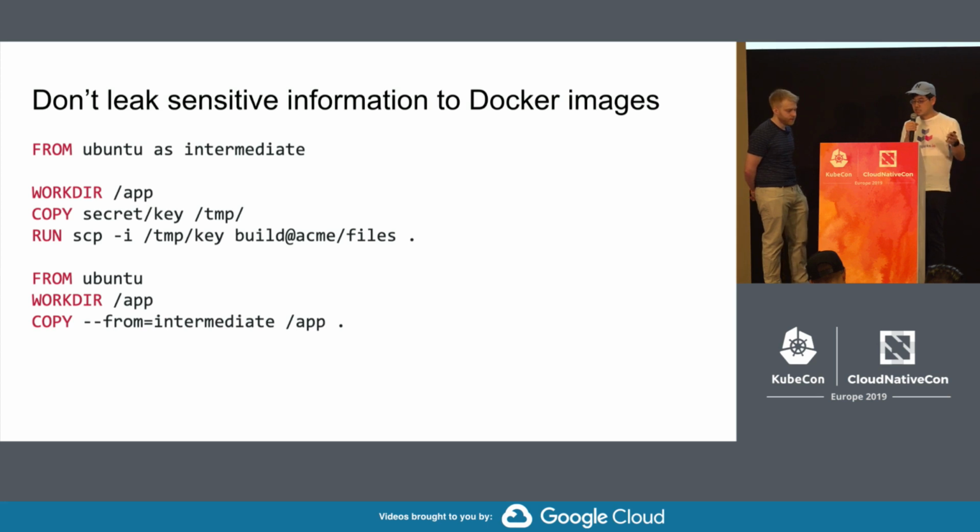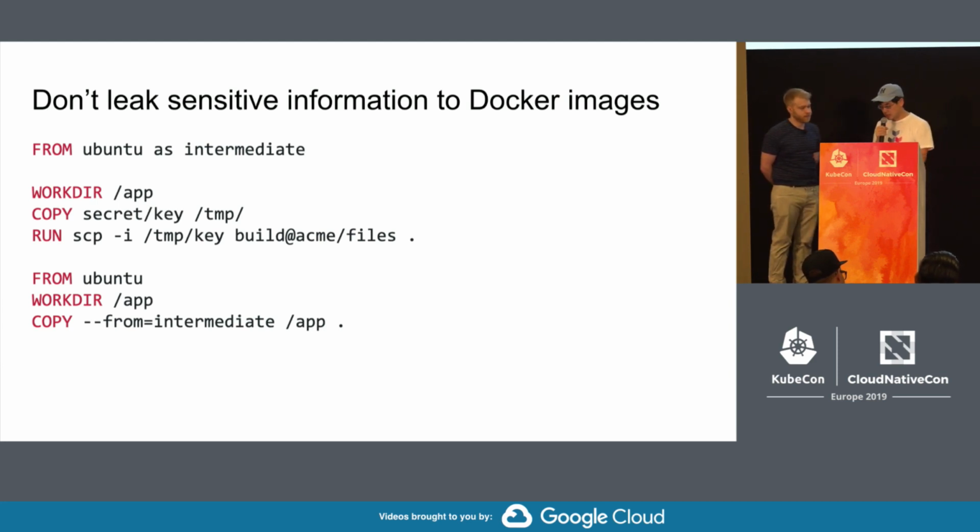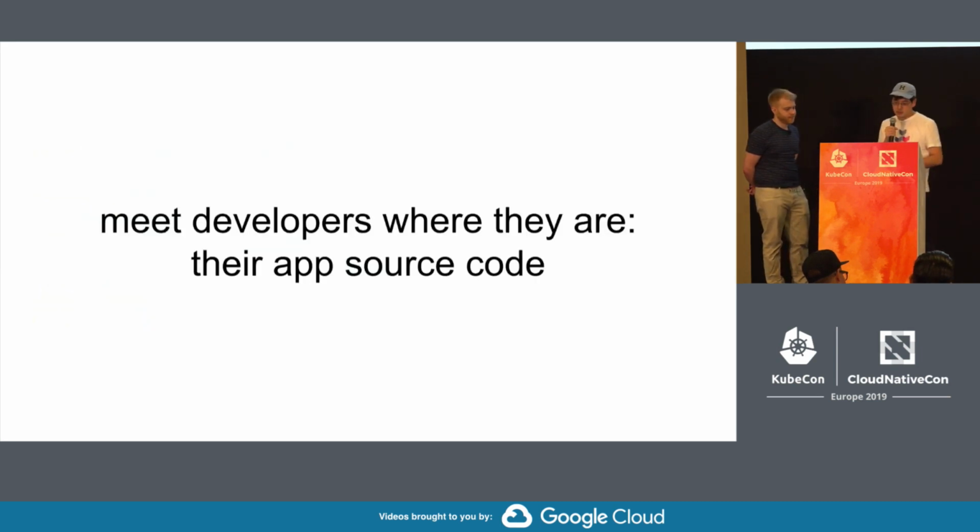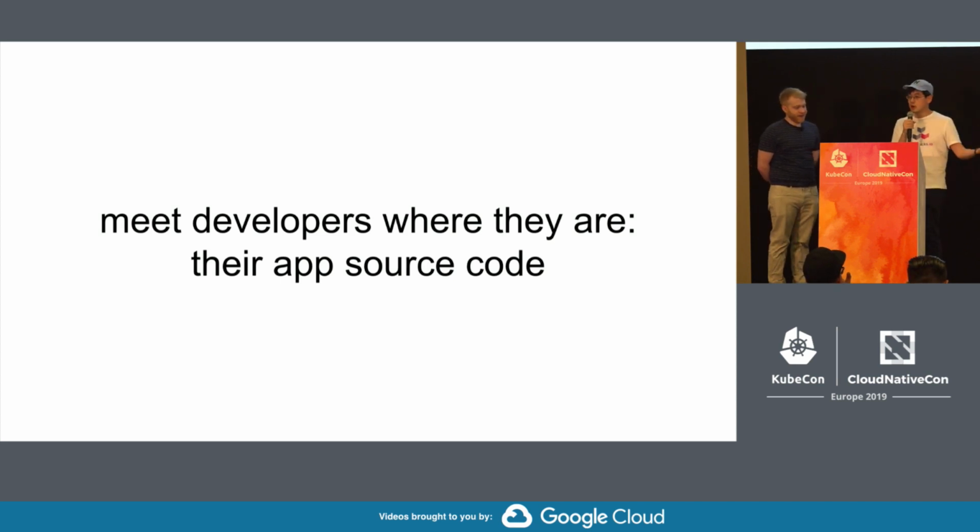I think multi-stage builds are a great use case for that, because it's a way to ensure that you will not leak those credentials into your final Docker image, since they'll be part of a layer that gets tossed away before it gets into production. So all these things aren't necessarily super hard, but they are things you have to take into account when you're trying to follow best practices around building quality production Docker images.